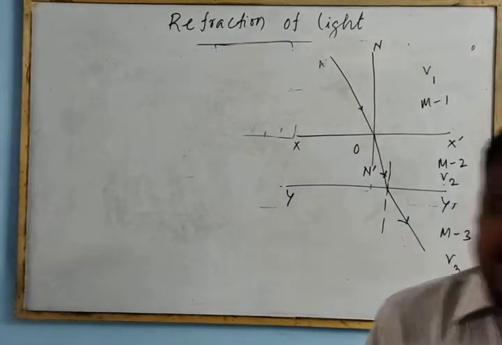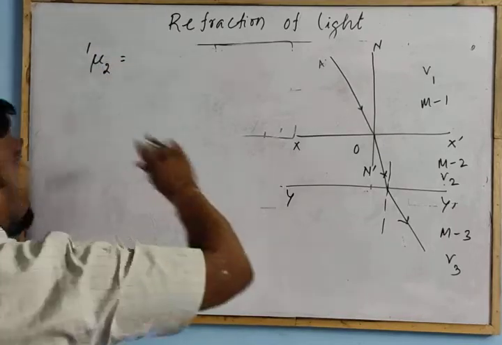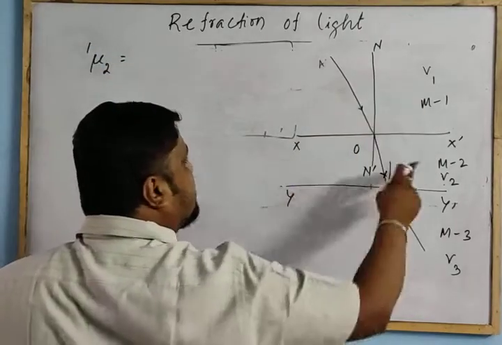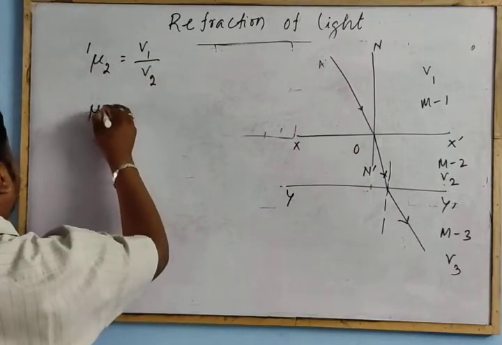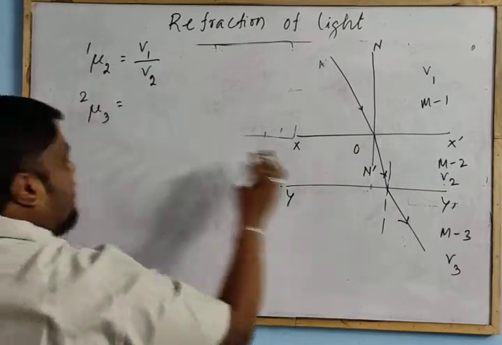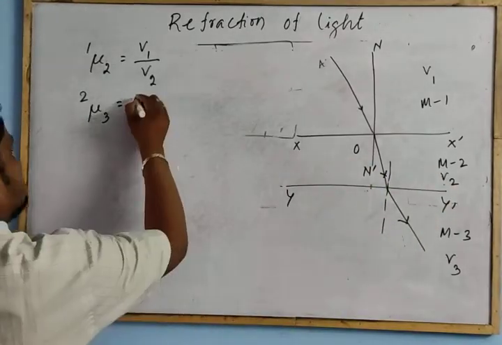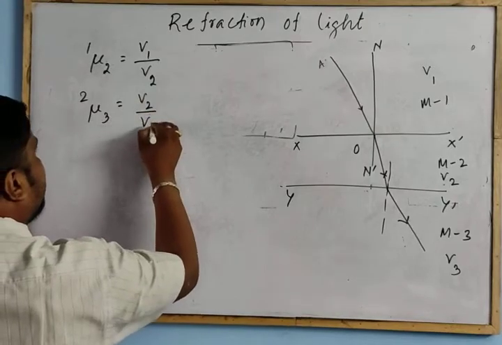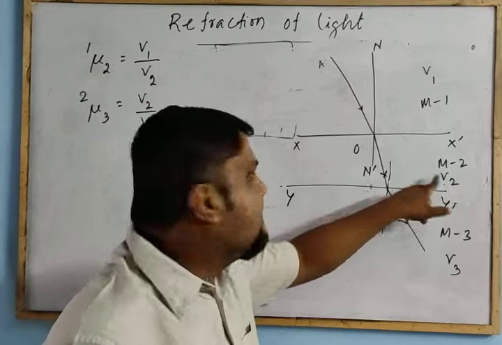Now we take mu2 with respect to the first one, medium 2 with respect to 1. So according to the formula, v1 by v2. The refractive index of 3 with respect to 2, if from 2 to 3, then what will we put? This is equal to v2 by v3. From 2 to 3 means, in which medium is the incident ray?